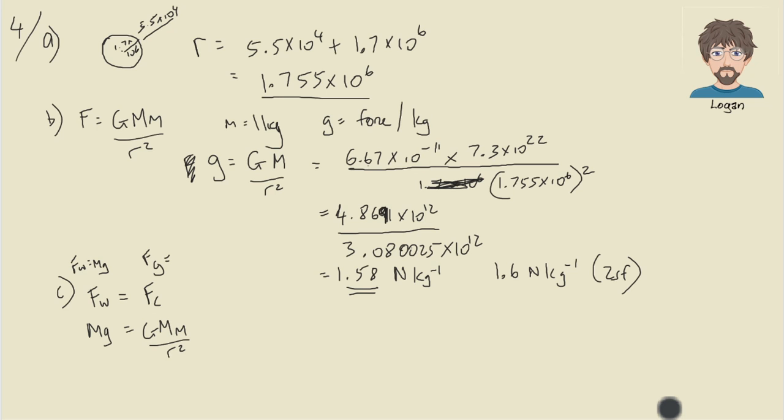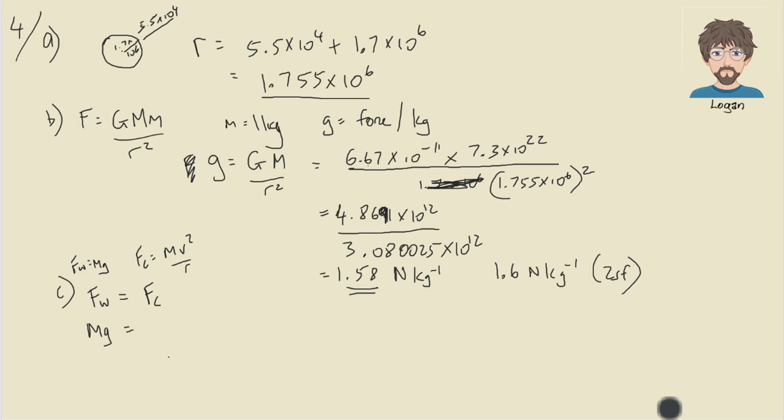Sorry, I put the other equation in here, didn't I? What I wanted here was FC equals mv squared over r. That's the one I wanted.